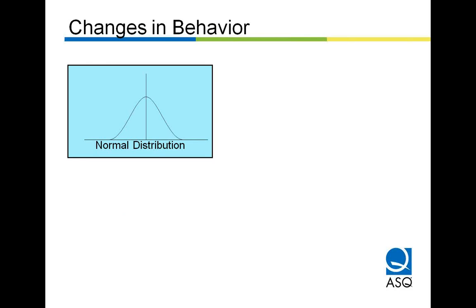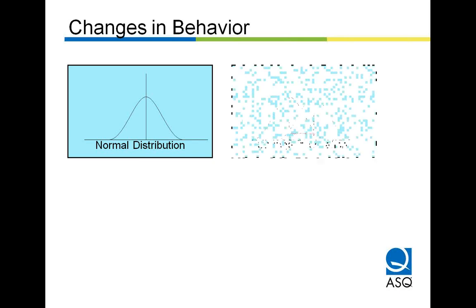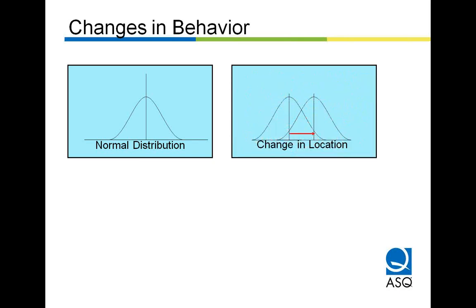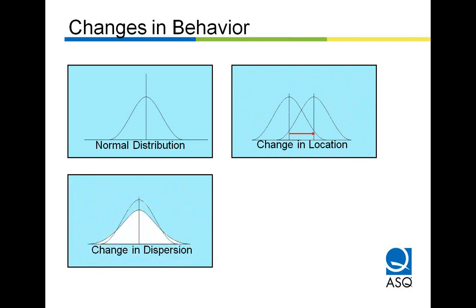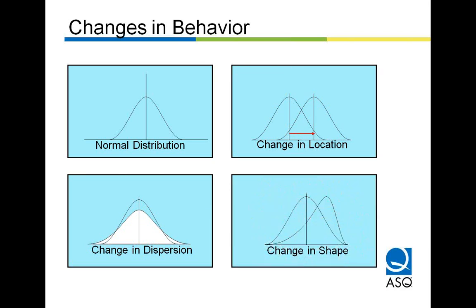Well, what we want to know when we're looking at the initial process studies is, are there changes in behavior? Is there a change in location? Is there a change in dispersion, the width of the distribution, or is there a change in the shape of the distribution?